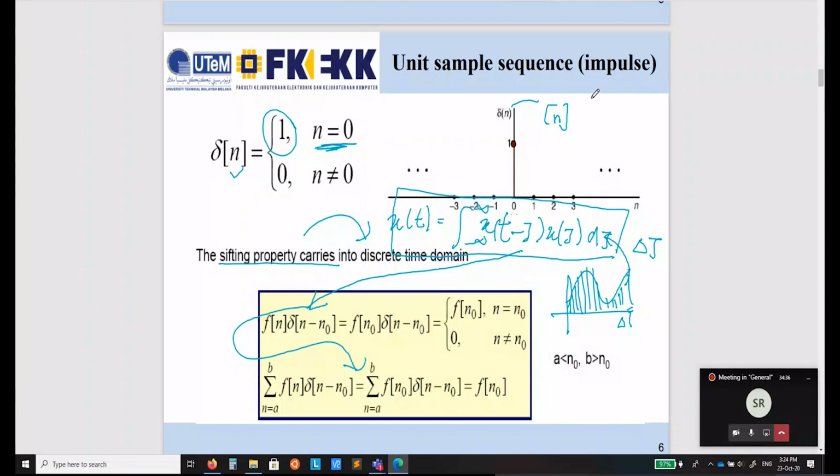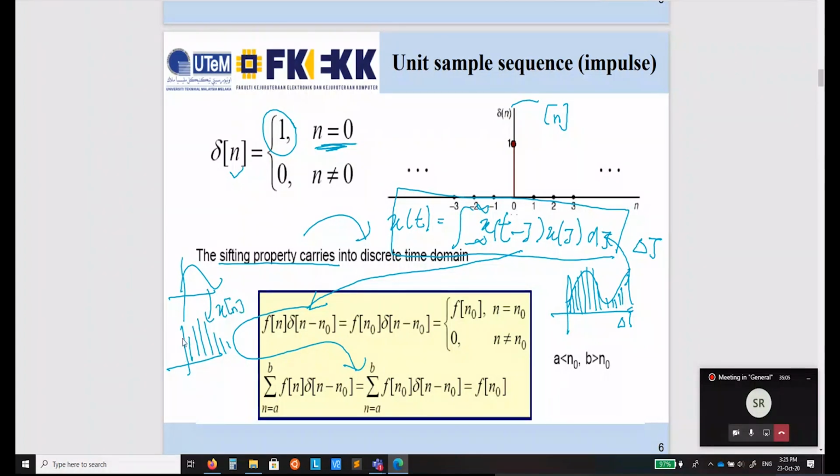However, in discrete time signals, the most well-known and most well-used is the unit impulse, the unit sample. We call it the impulse later on. Anything regarding t is converted to n.